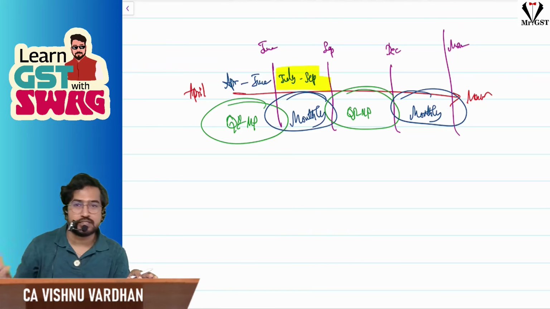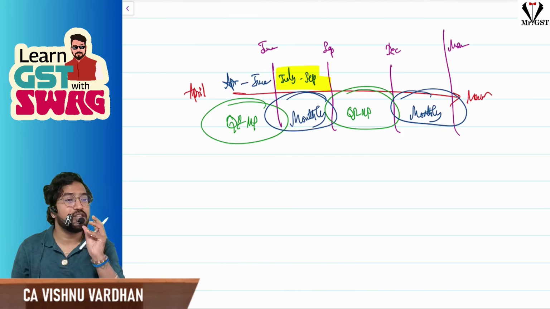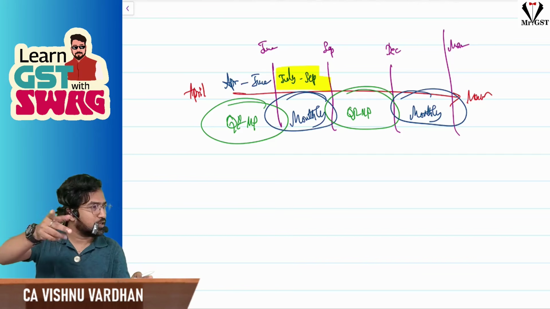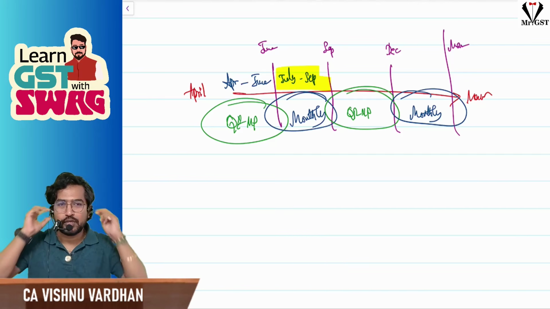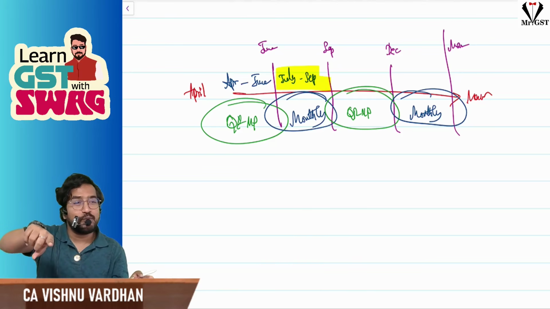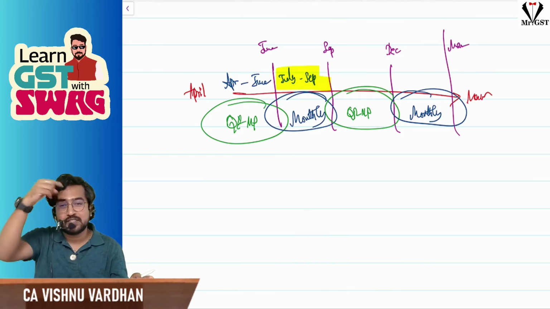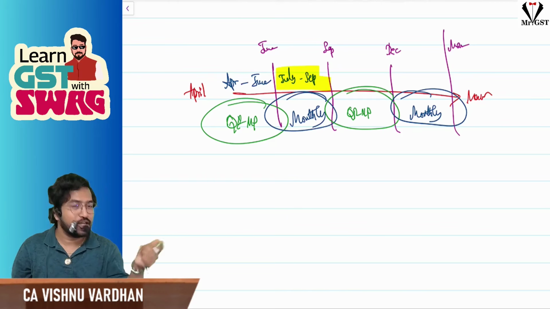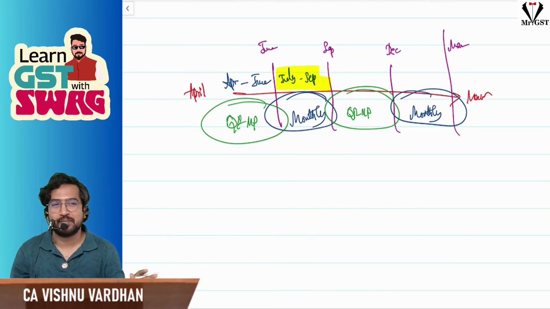This is something crazy. When will the option window open to select or deselect QRMP for a particular quarter? That window will open on the first day of the second month of the preceding quarter till the last day of the first month of the relevant quarter.